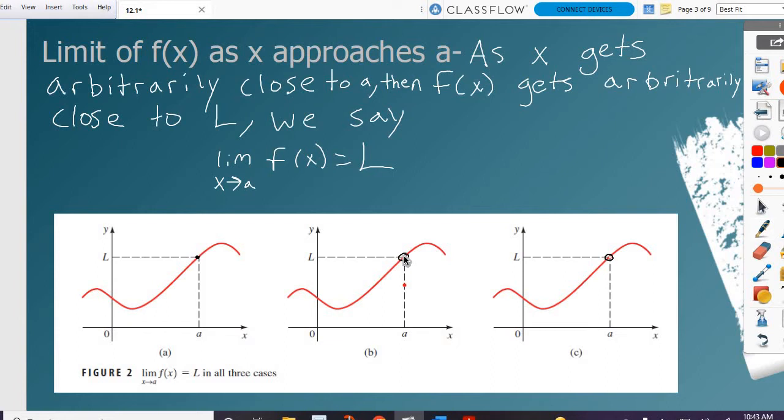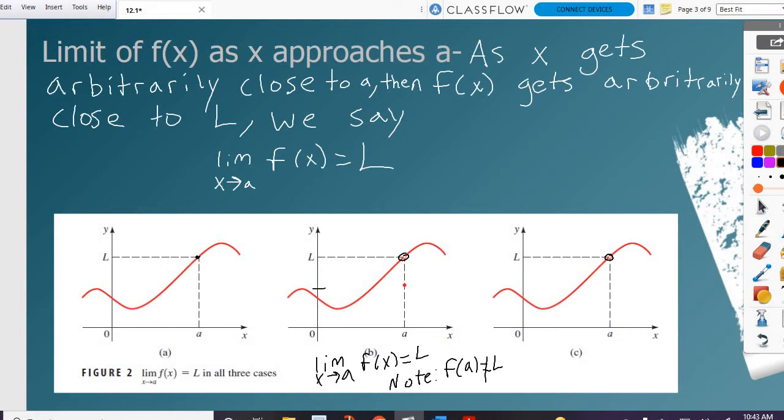So like this one, my limit as x goes to a of f of x still equals L, but note that f of a does not equal L. There's a point here, so f of a would be whatever y value that is.